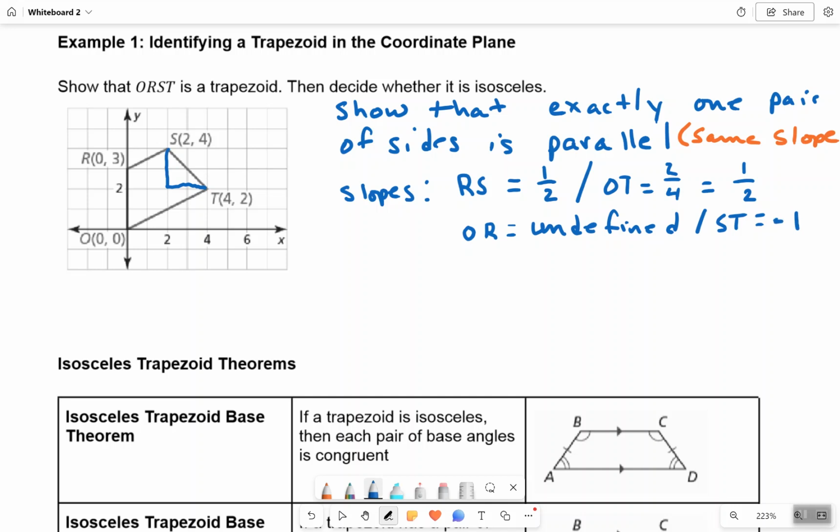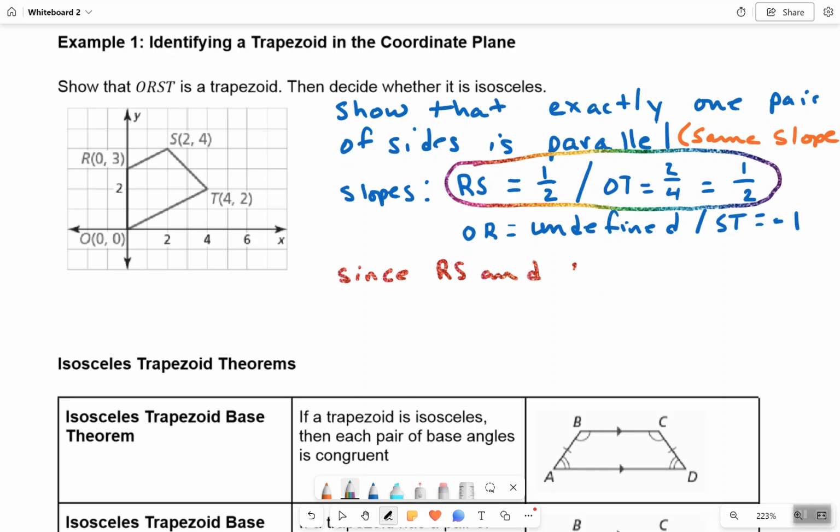So kids, how many pairs of parallel sides do we have? Yeah, your pair of parallel sides is right here. You got this one side RS parallel to OT. So I'm going to say since RS and OT have the same slope, then those 2 sides are what?